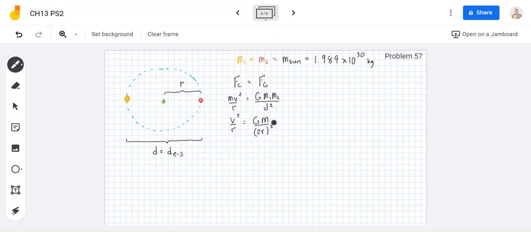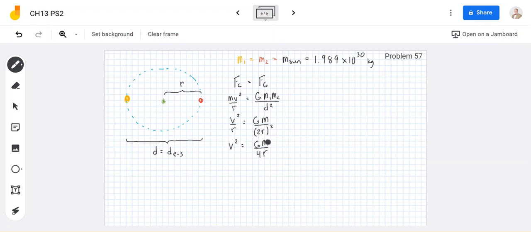Now at least I have everything in terms of r, which is okay for me. So there's an expression for the speed. I feel pretty good about that.